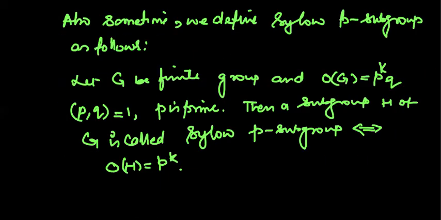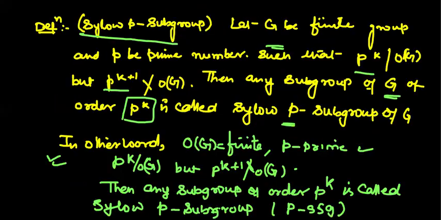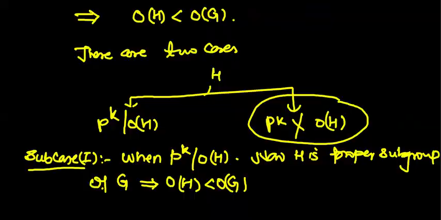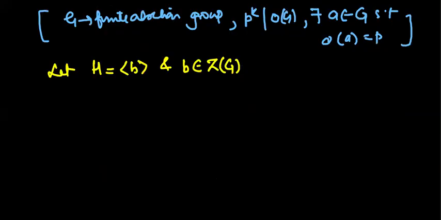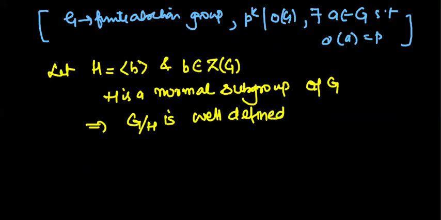So we use this result, this one, the third one: a belongs to Z(G), then H generated by a is a normal subgroup of G. So we have H is a normal subgroup of G. So this means that G mod H is well defined. That quotient is well defined.